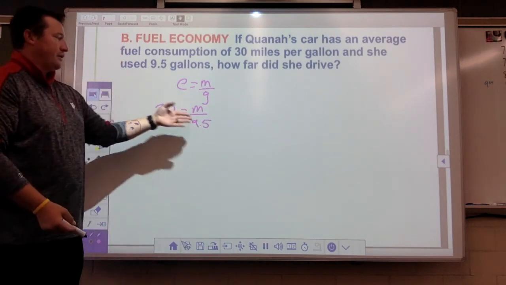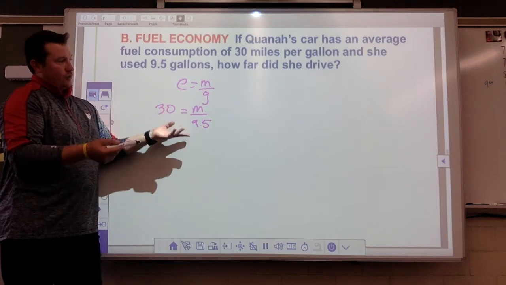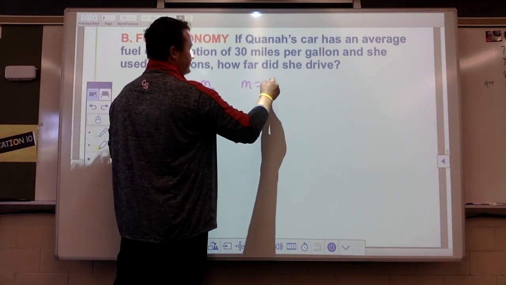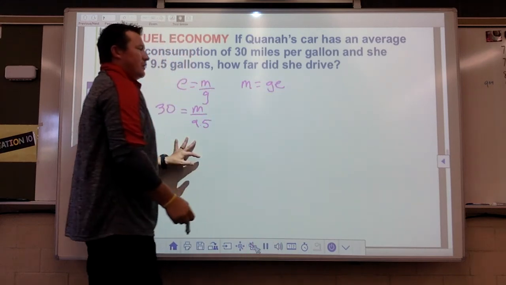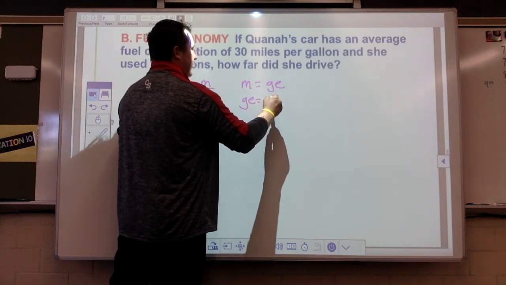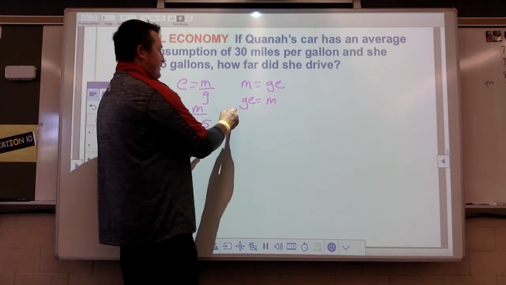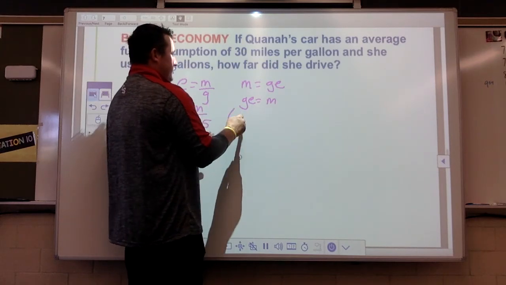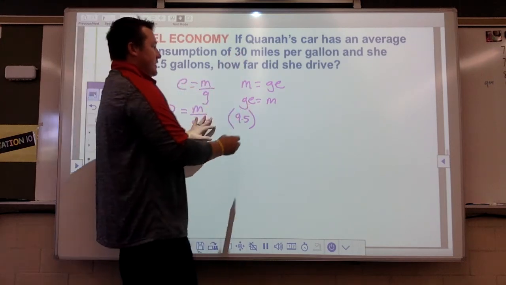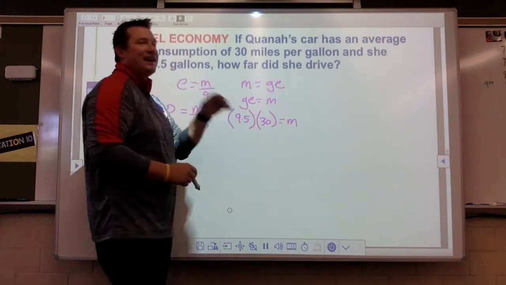Well, look, this doesn't really do me any good because, sure, we could solve that, or we could just use the new equation that we came up with, which was that one. I think we had it like that, GEM. So really, if we put these 2 numbers together, this was gallons we used, 9.5. This was the average fuel consumption, which was E, which relates to 30. And now we can solve this.